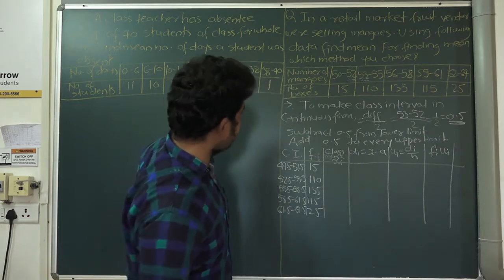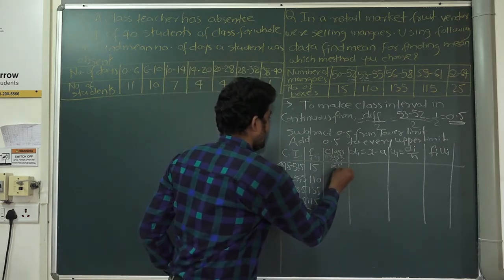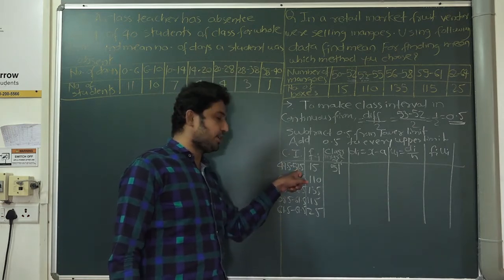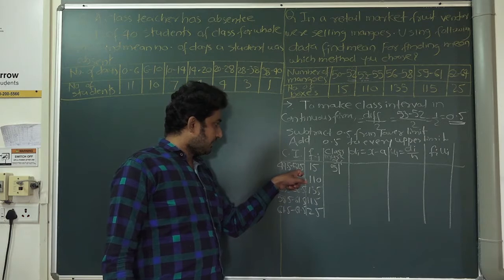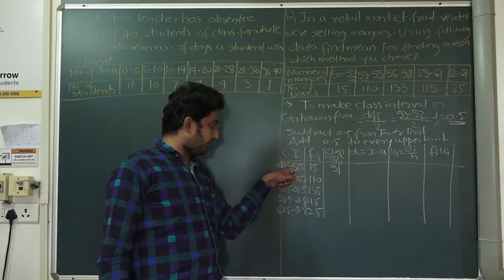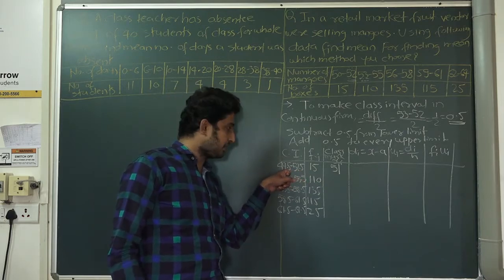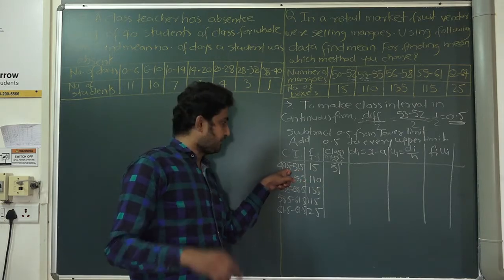The first class mark is 51. Now dear students, if the gap is the same, 49.5 to 52.5, if you subtract this lower limit from the upper limit, 52.5 minus 49.5, that becomes exactly 3.